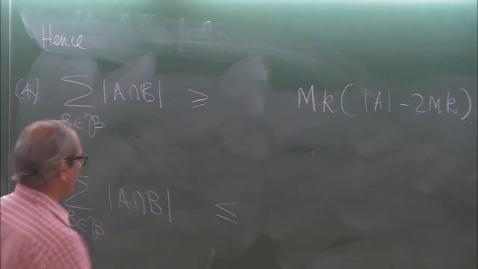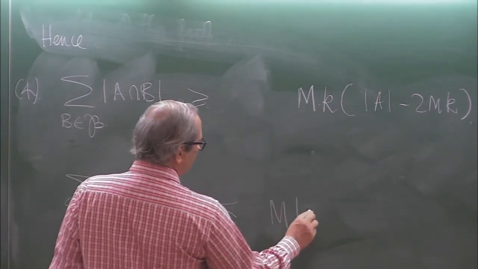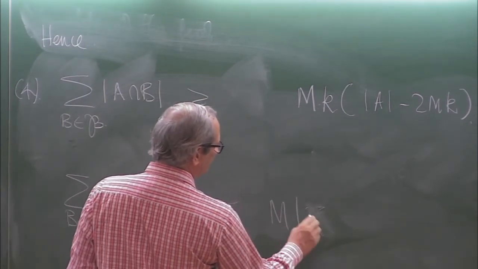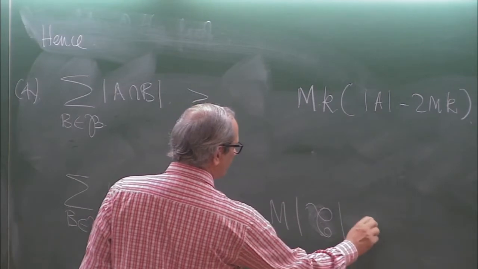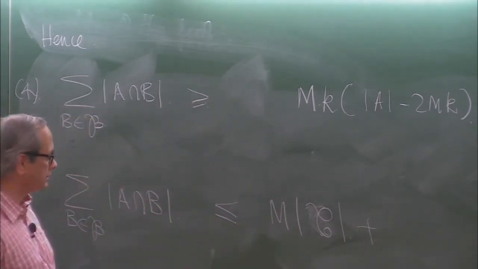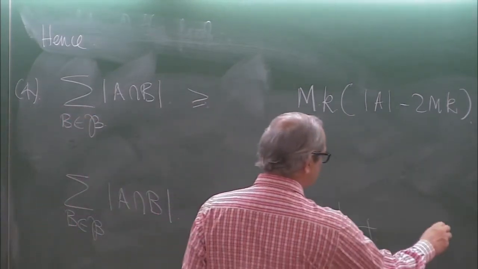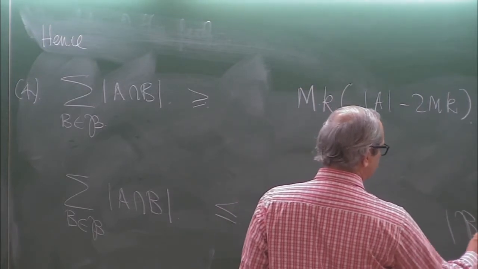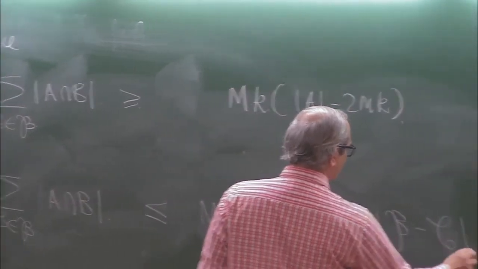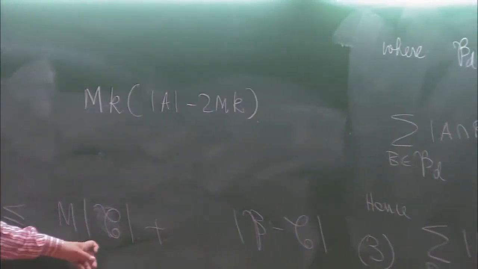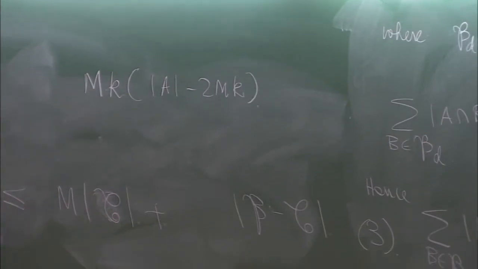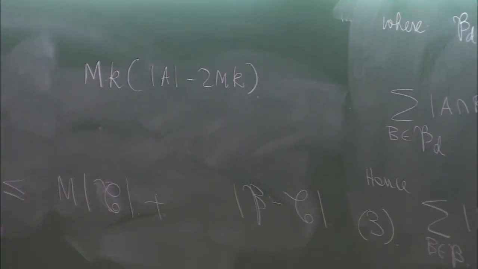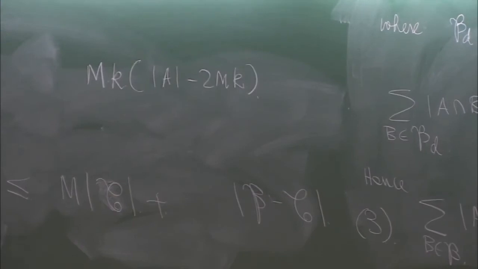Okay, so you get this is less than M times the cardinality of C plus the complement, which is the cardinality of beta minus C. For this, anything lying in the complement, A intersection B is less than or equal to R of M, right? So you have here R of M.